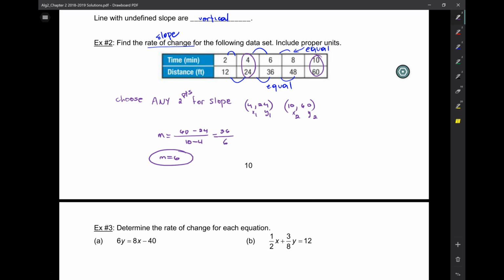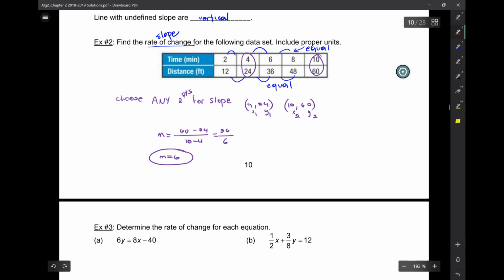Okay. So now let's talk about units. Okay? Here, these values were from here, and those were measured in minutes. These values I got from the second row, and those values were measured in feet.